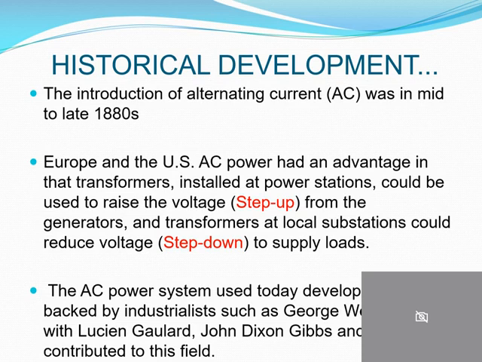The introduction of what we know today as alternating current was only done in the mid to late 1880s, and Europe and the US had AC power. An advantage was that transformers installed at power stations could be used to step up the voltage from the generators, and the transformers at the local substation, which is the distribution level, could be utilized to step the voltage down to our supply load centers.